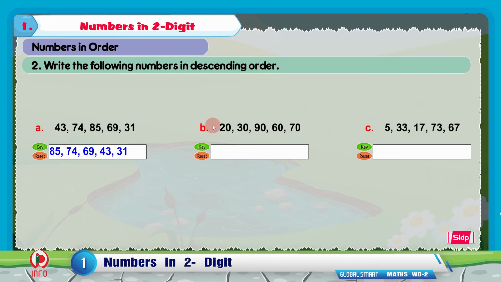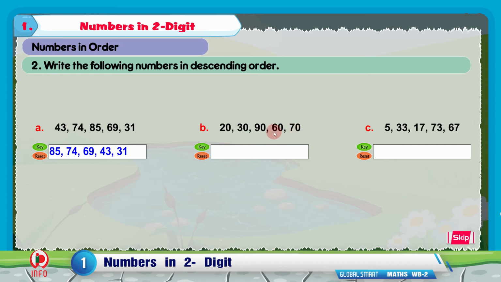Now in B we have all 2-digit numbers. We will compare the digit in tens place. This is the tens place. This is ones place. This is tens place.